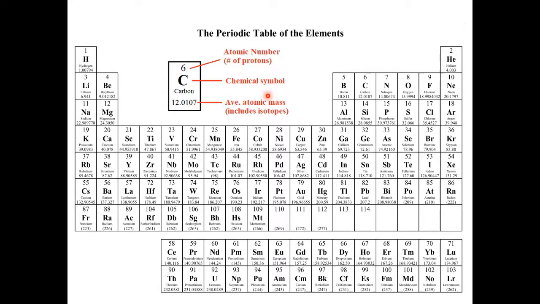We'll be referring back to this table throughout the lecture, but basically the most important thing is that for all of the elements, the number above is the atomic number. For example, germanium here is atomic number 32, which tells us there are 32 protons.